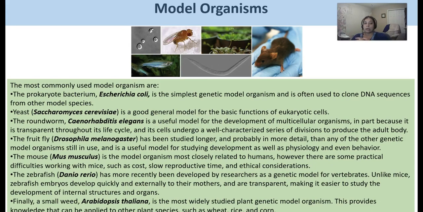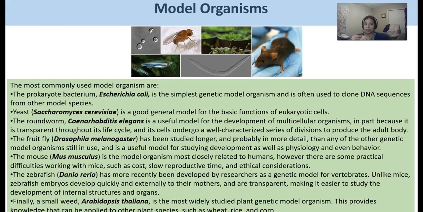Geneticists also use C. elegans a lot, which is a roundworm and a great model system to study the development of multicellular organisms, because the entire life cycle of C. elegans has been documented and characterized.